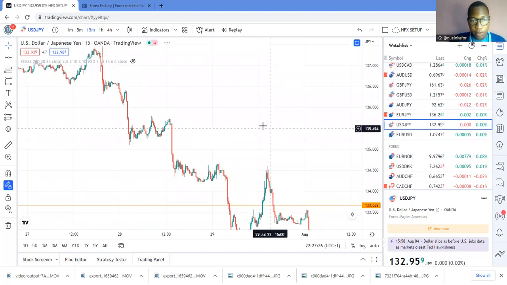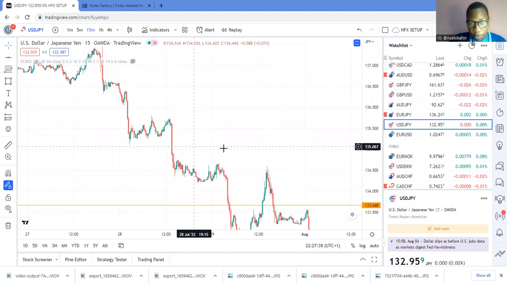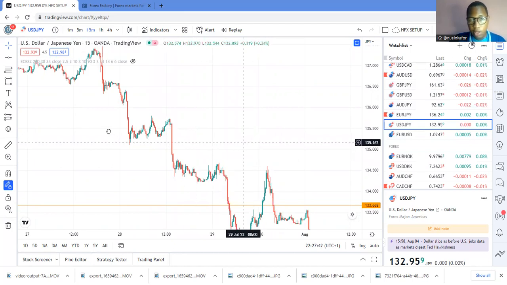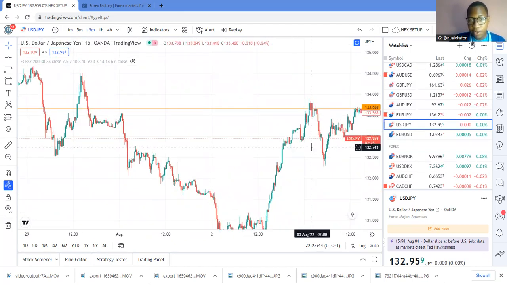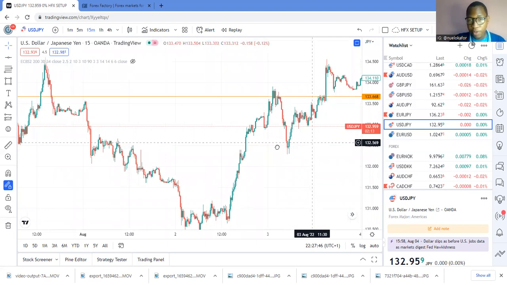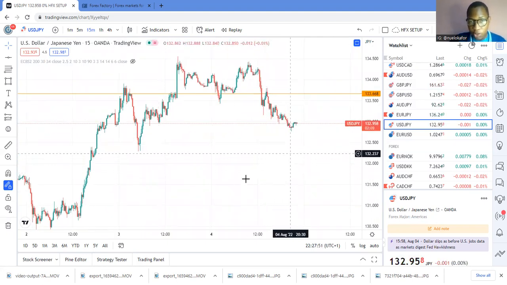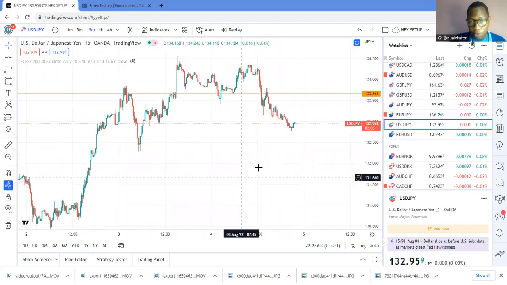Okay. This would have been a good example, but it doesn't look like price ever came to this spot. I think at this point, I won't prefer where the resistance will come by just a few candles. So you see, it doesn't have to be a major one, just a few.